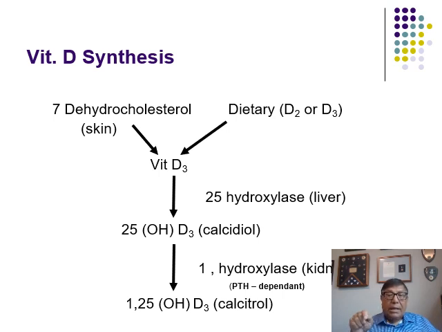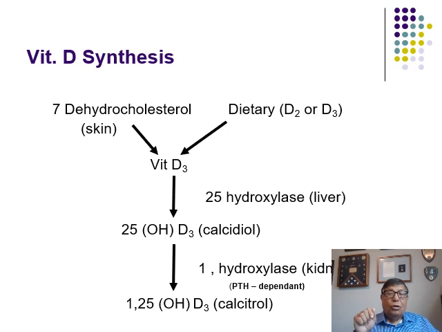From the diet, both vegetable and meat contain vitamin D. If it is coming from vegetable, we call it ergocalciferol, ergo meaning plant, and from meat we call it cholecalciferol. But it really doesn't matter.